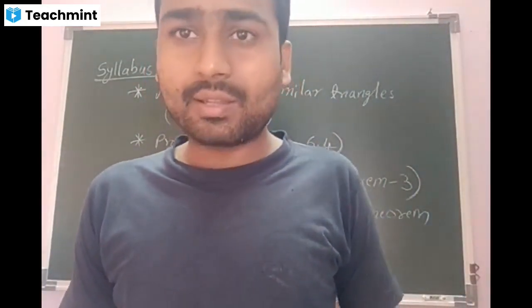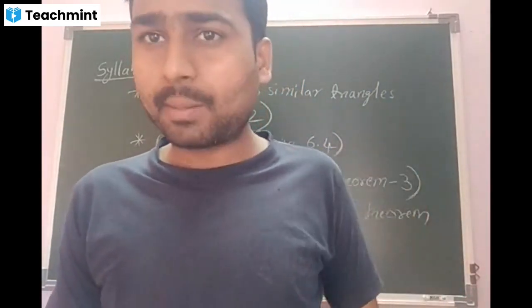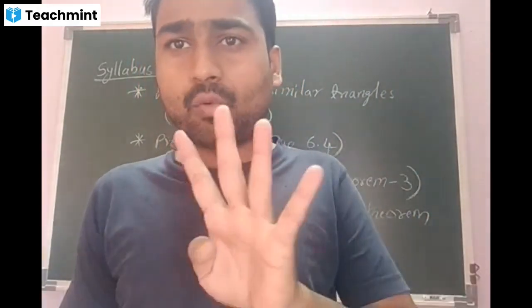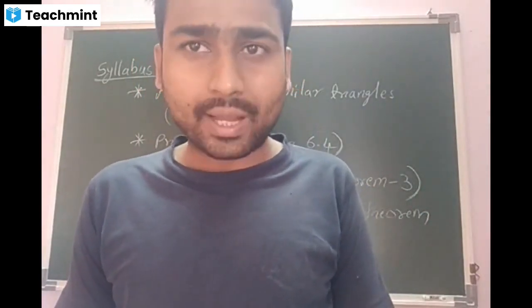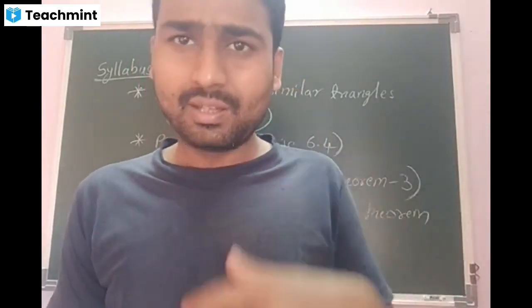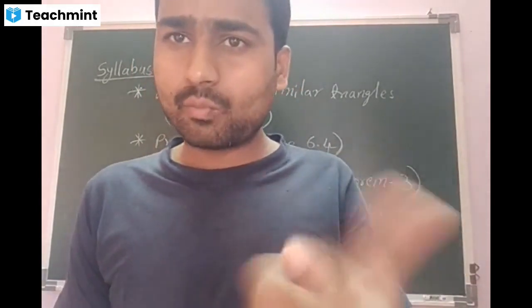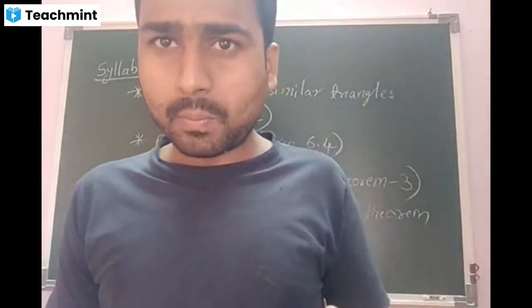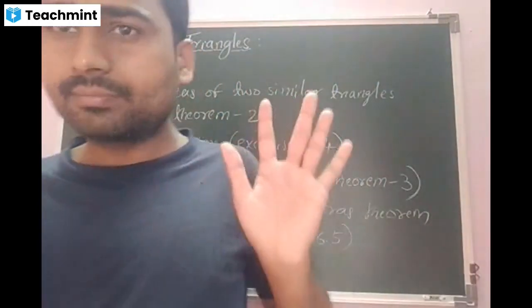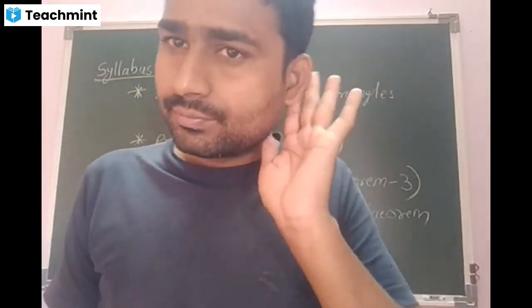That is nothing but theorem 1 in this particular chapter. Then comes the fourth part of the syllabus, that is areas of two triangles. Just now I explained it, as well as the Pythagoras theorem, which is the fifth and last part of the syllabus. Students, I hope the syllabus is clear to everyone.